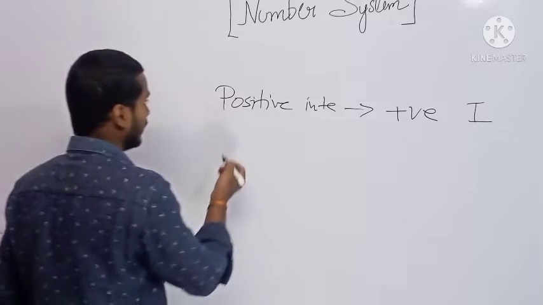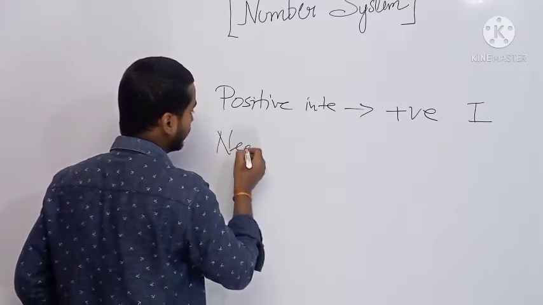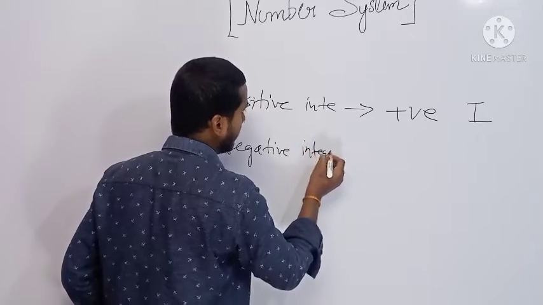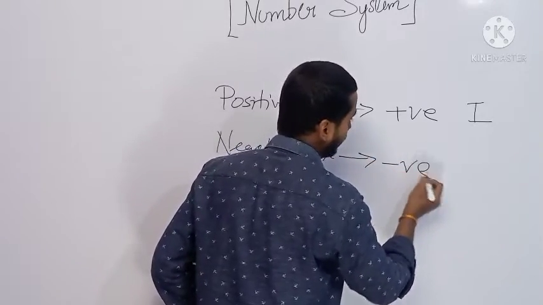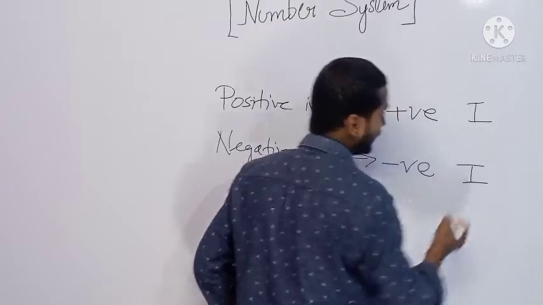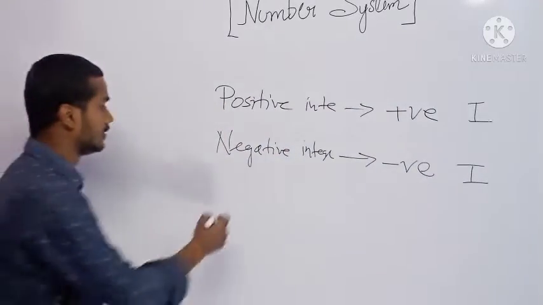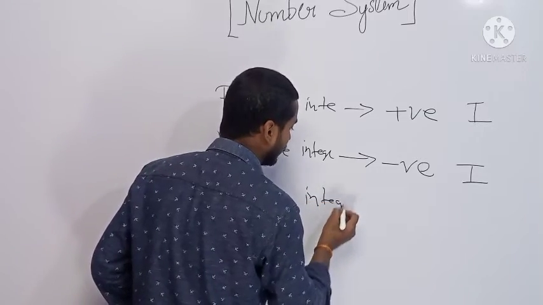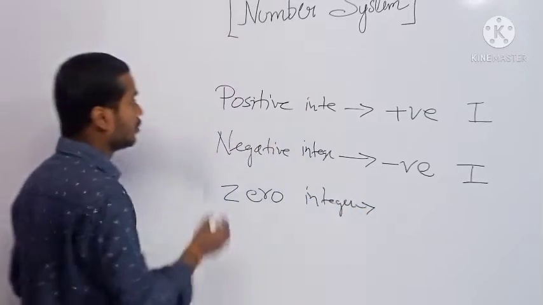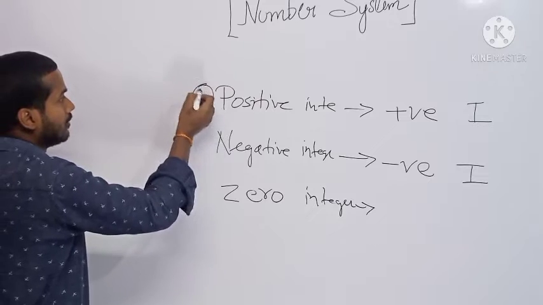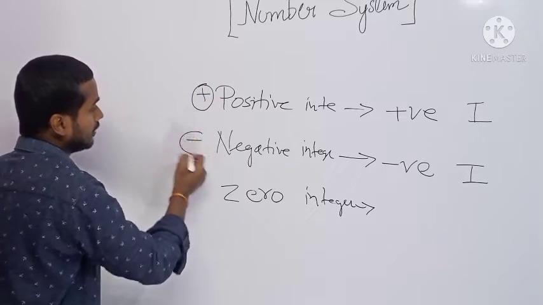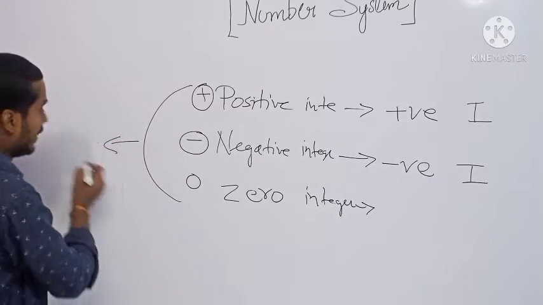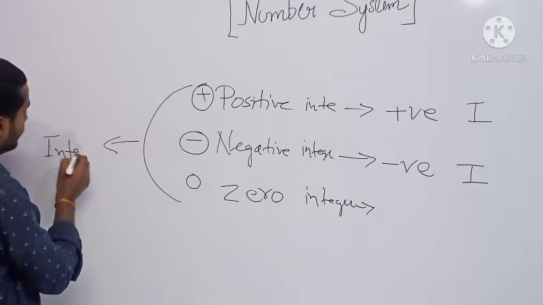In the same way, for negative integers, again we can represent as I. And zero integer. So concluding, positive integers, negative integers and zero all come inside integers.